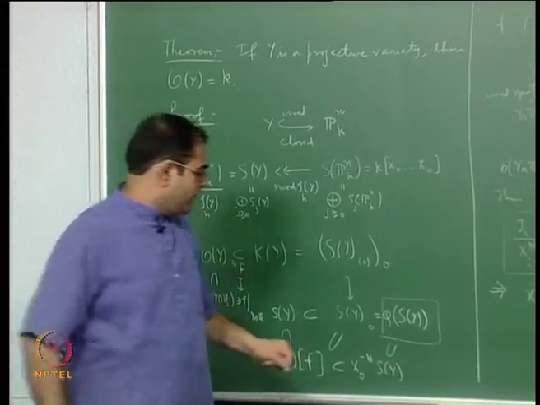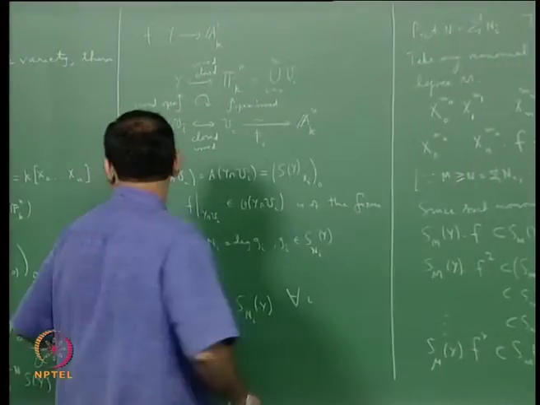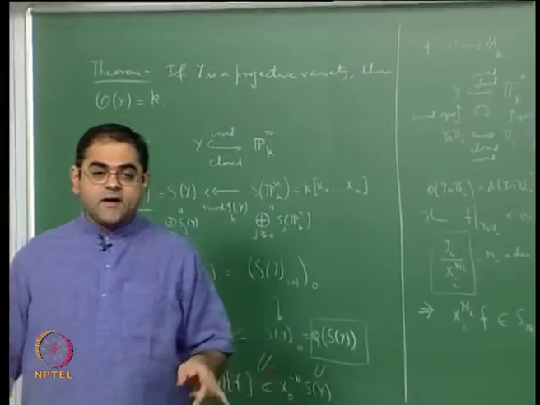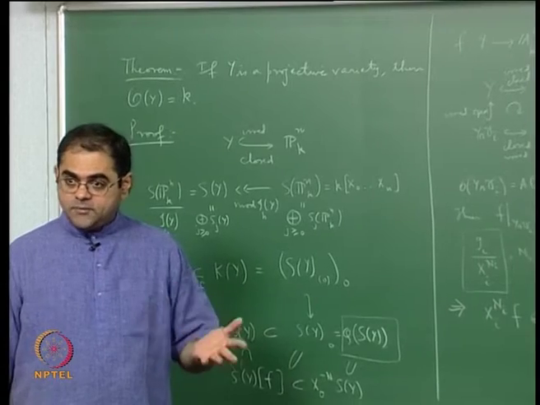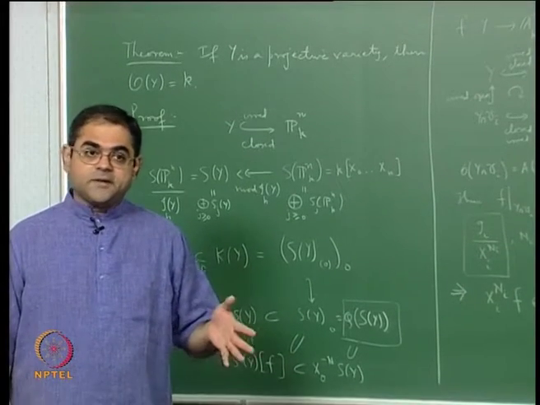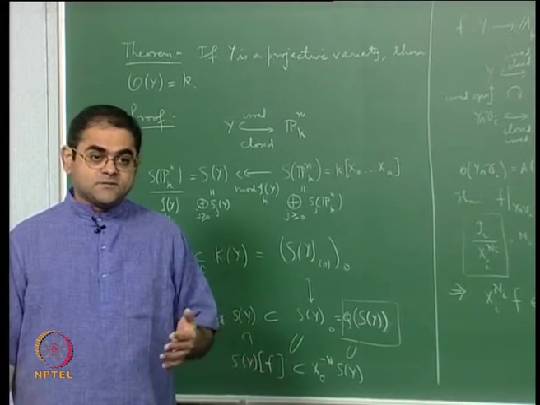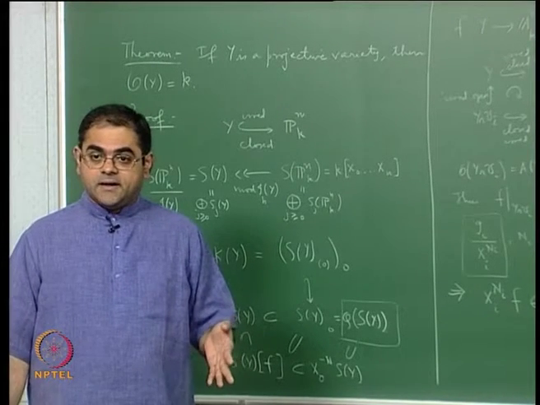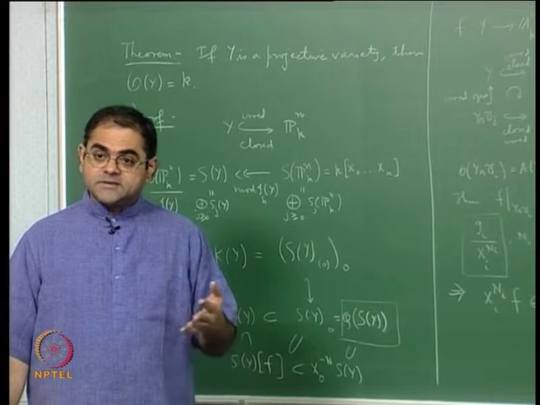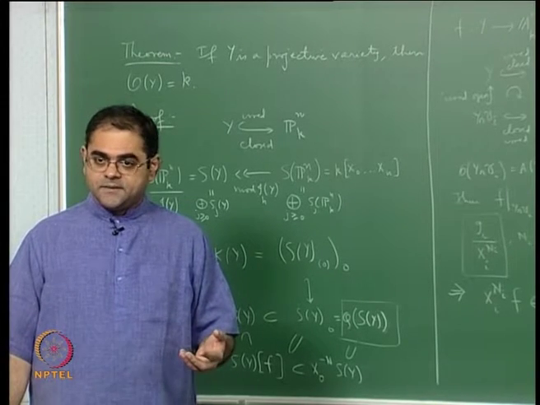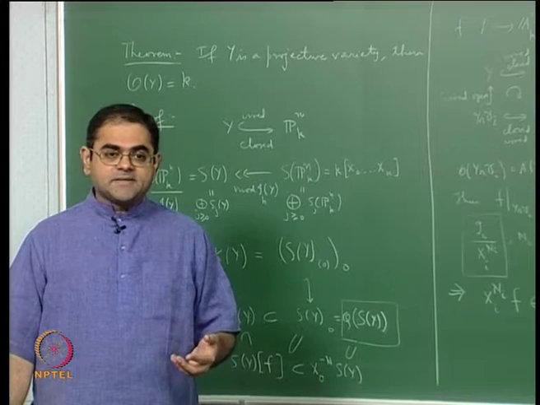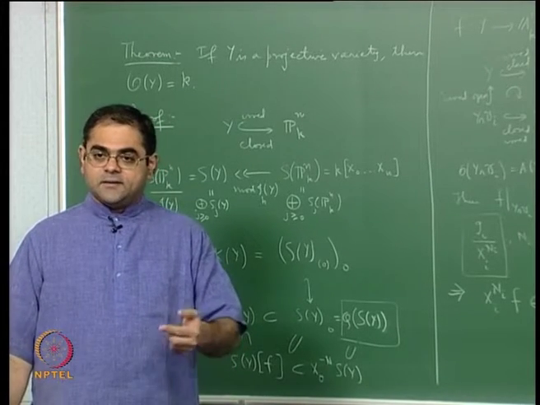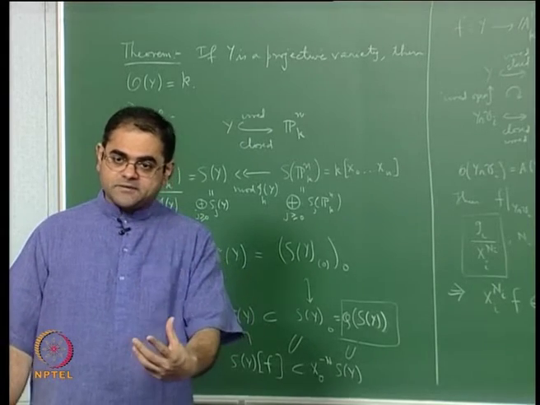How we can do that is by realizing that if Y doesn't hit a certain Ui, then Y is completely contained in the complement of that Ui, but the complement of that Ui is the locus where xi vanishes, and the locus where xi vanishes is a projective space of one dimension less. So Y is embedded in a projective space of one dimension less, and you can therefore work in that projective space.